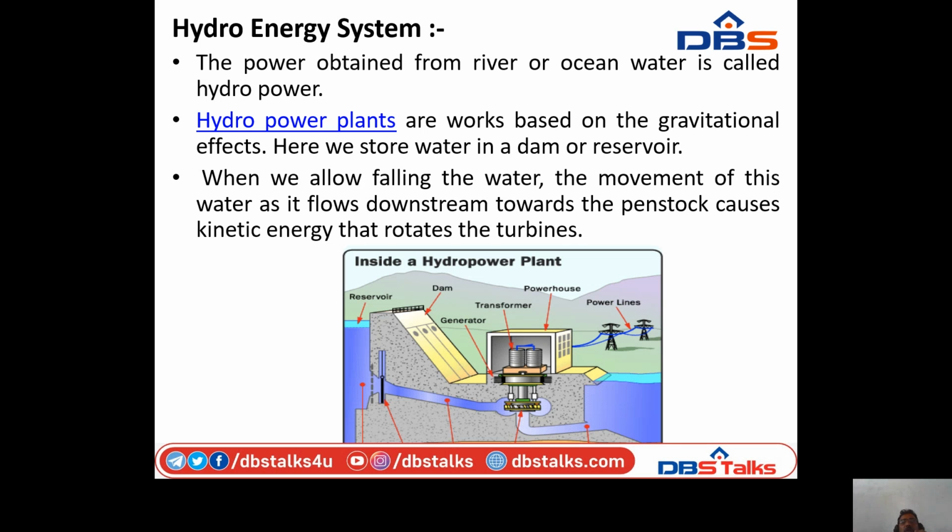Hydropower plants work based on the gravitational effect. Here, we store water in a dam or reservoir. When we allow the water to fall, its movement as it flows downstream towards the penstock produces kinetic energy that rotates the turbines.